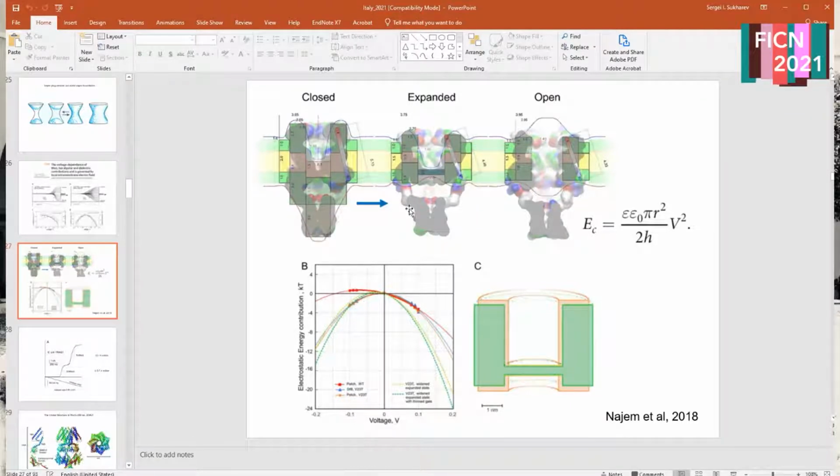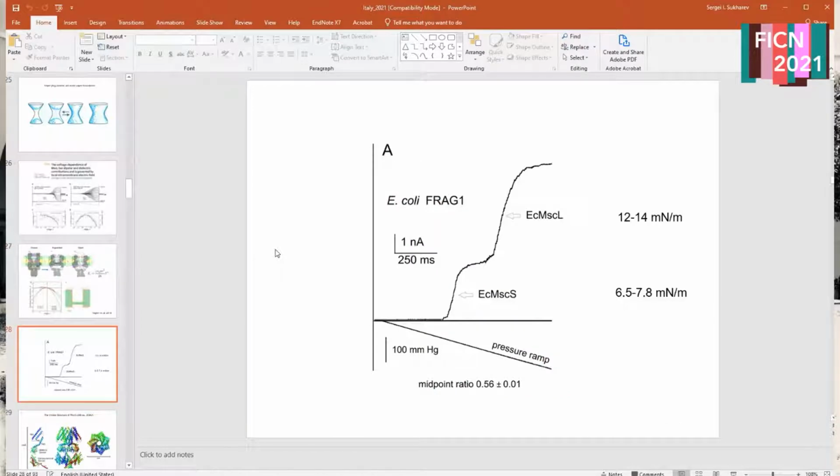So the presence of threonine in the middle of the pore is completely untenable for a healthy bacterium. That's why it's valine. Invariably, it is a bulky hydrophobic residue there. Sometimes it's phenylalanine, sometimes leucine or isoleucine. So that's the de-wetting story.